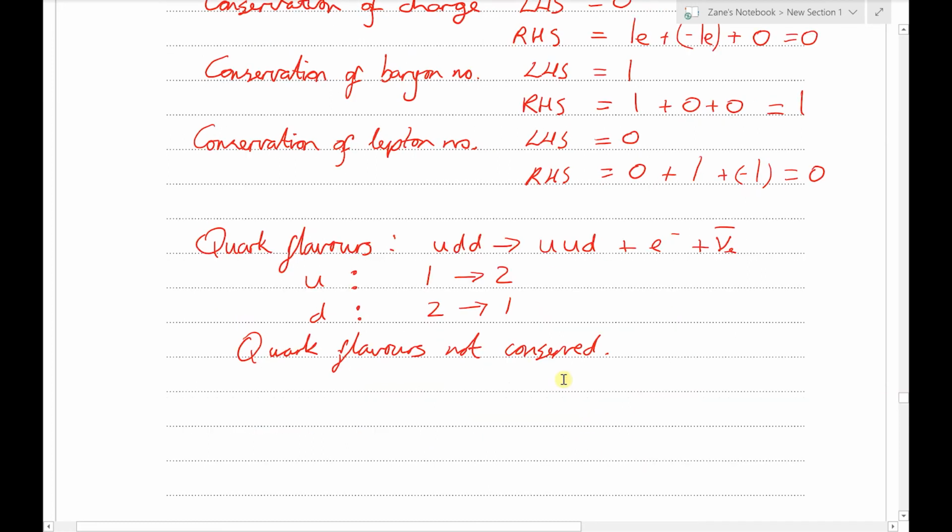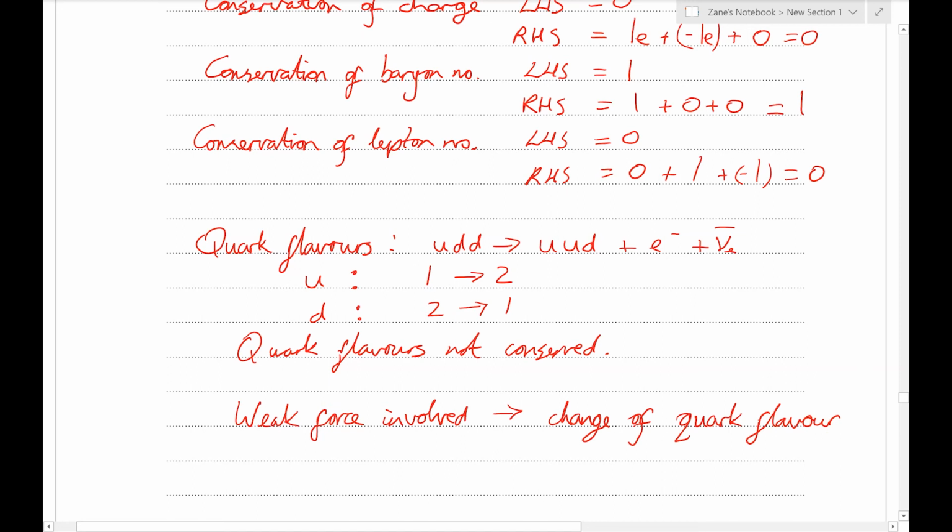We should also identify which force or which fundamental interaction is involved, and there's lots of evidence here to tell us that it's the weak force. And we can give reasons such as the change of quark flavor. Let's just go back to the previous bit for a second.